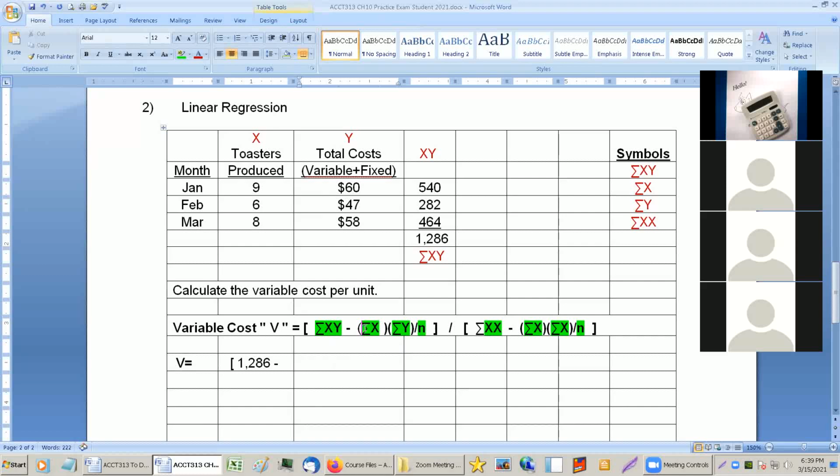Minus. Okay, first thing I'm going to have here is summation x. So the sigma just means sum, add up the x's. So we're going to come over here and add up these x's.